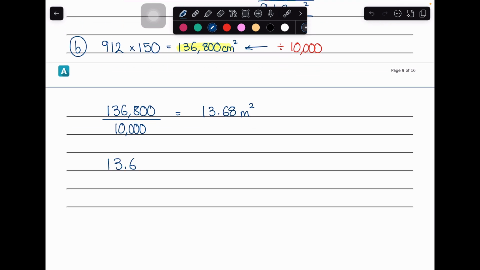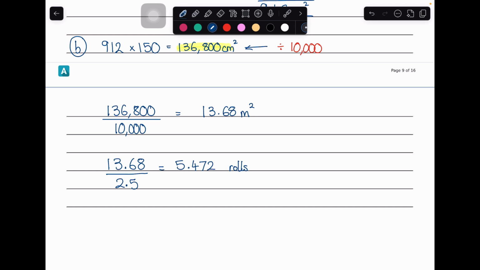So 13.68 divided by 2.5 would give you an answer of 5.472. Now, that would be rolls of plastic or foil, whatever it is, okay?